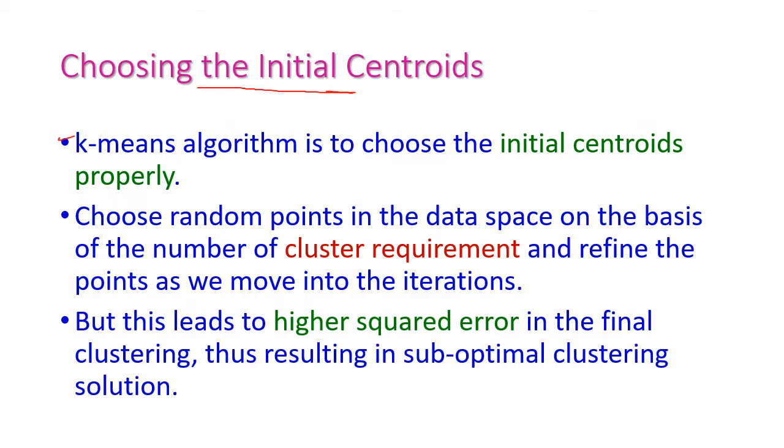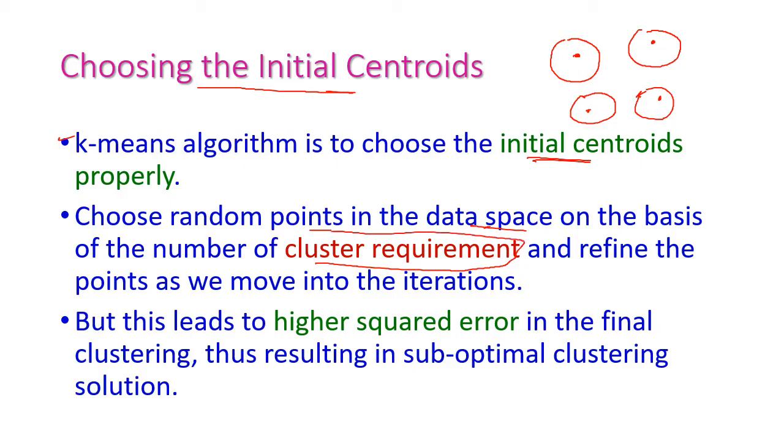Already we have seen in the k-means algorithm, we need to understand how many clusters there are for the given data set, isn't it? Suppose there are 4 clusters, then we need to initialize 4 centroids properly. For example, for 4 clusters, we need to randomly select 4 different centroids, isn't it? And choose random points in the data space on the basis of the number of clusters required.